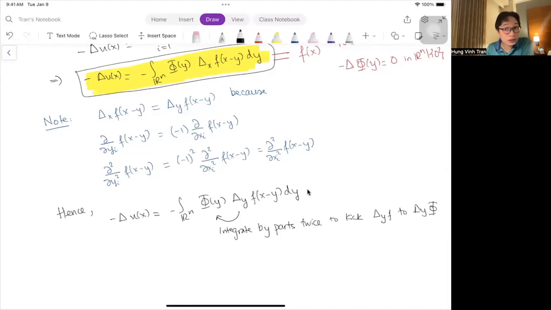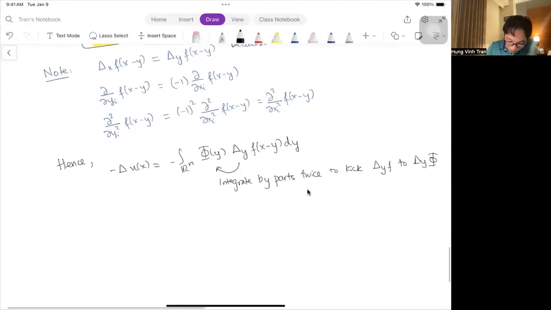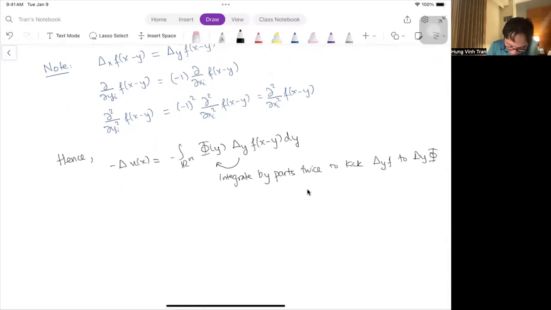Remember that f is totally nice. f is compactly supported. It's 0 outside of a compact set. Everything is nice, but phi is not nice, right? So let me write that. f is very nice, and f is 0 outside of the ball B(0,R).